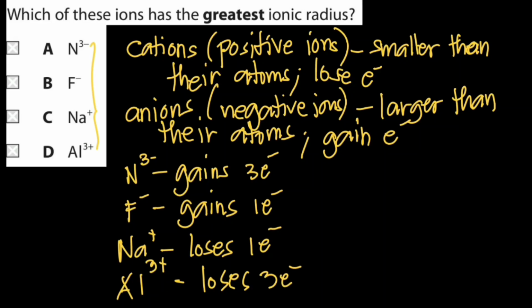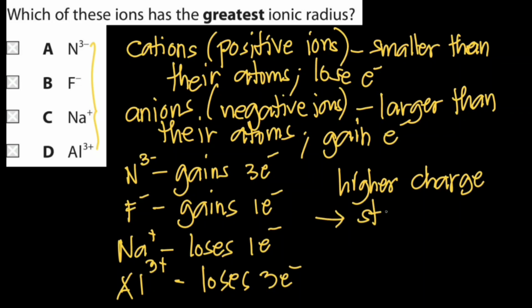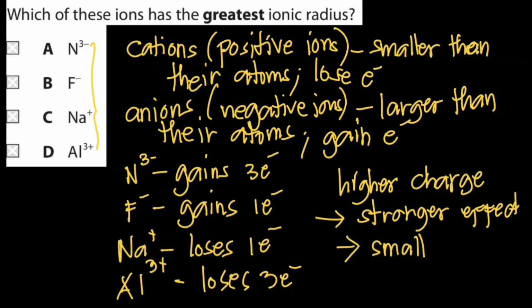So again, from the general rules for ionic radii, higher charge means stronger effect or stronger effective nuclear charge, and that also means smaller ionic radius.